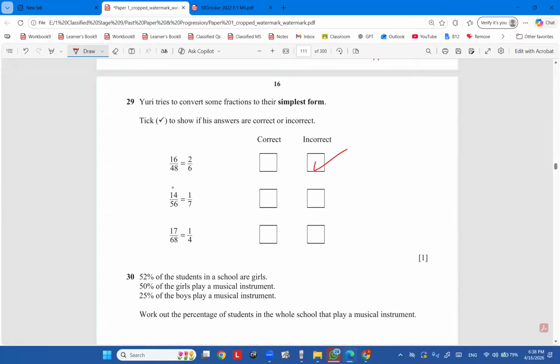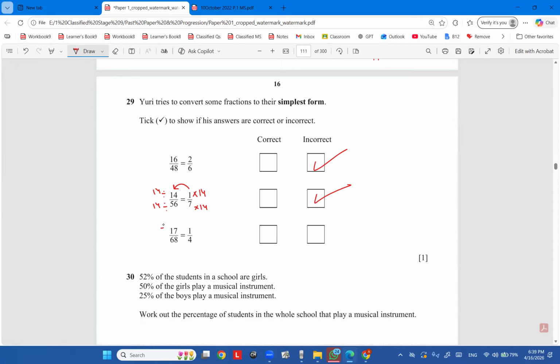For this one, if you divide by 14 it gives you 1, but if you divide the 56 by 14, will it give you this? Let's multiply 1 by 14. Yes, it gave me 14, but multiplying the 7 by 14 will not give you 56 at all. So this is also incorrect.